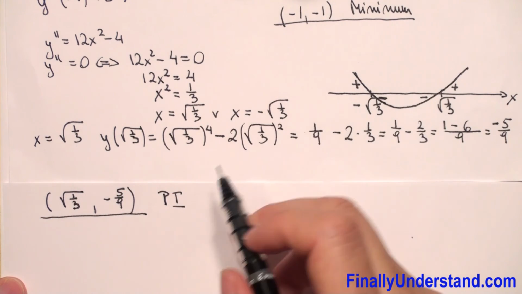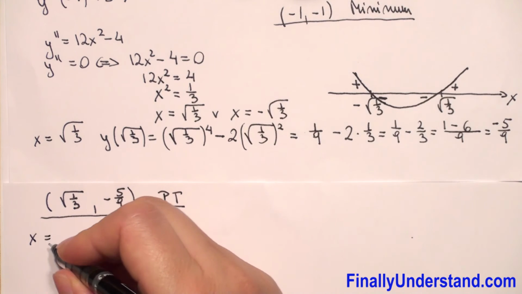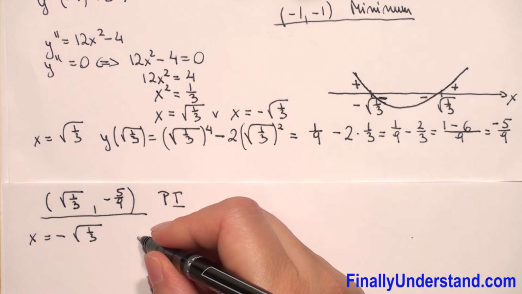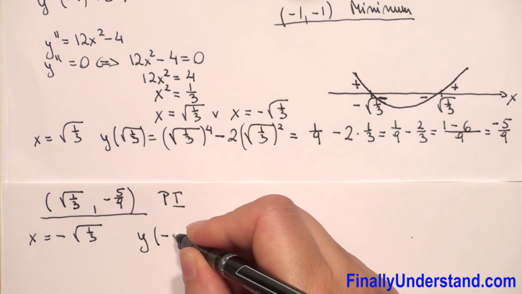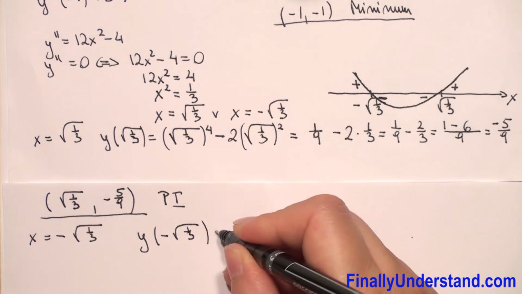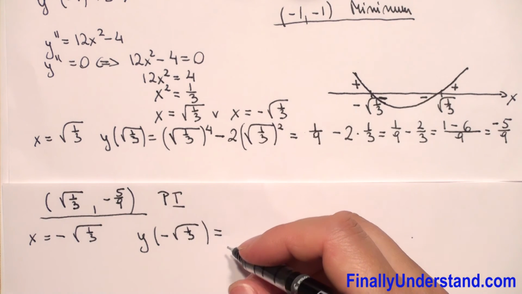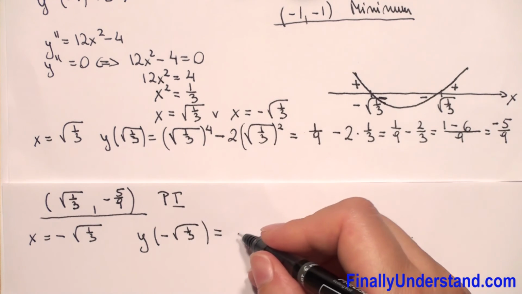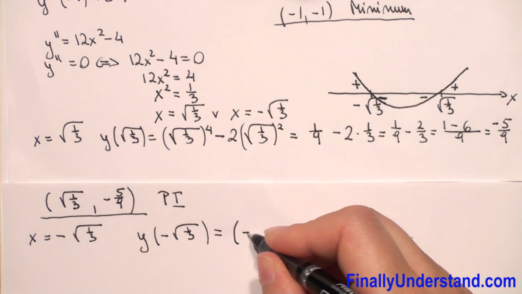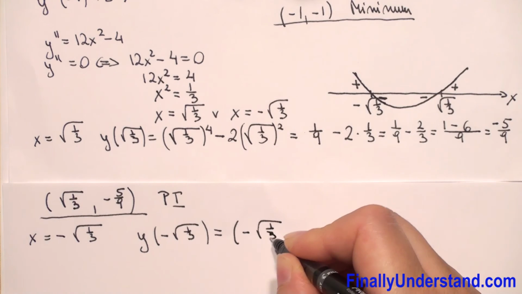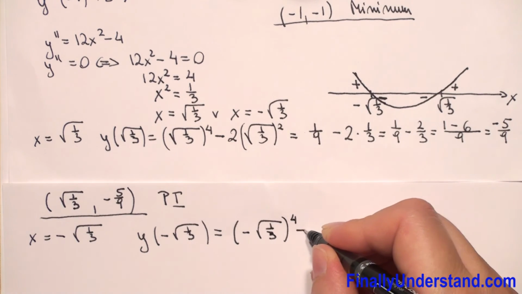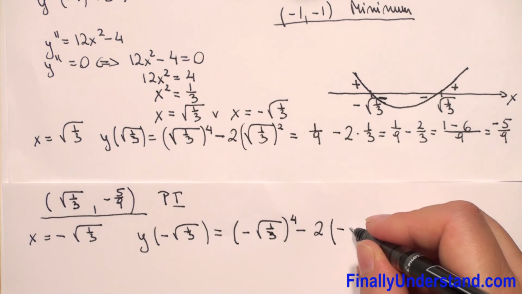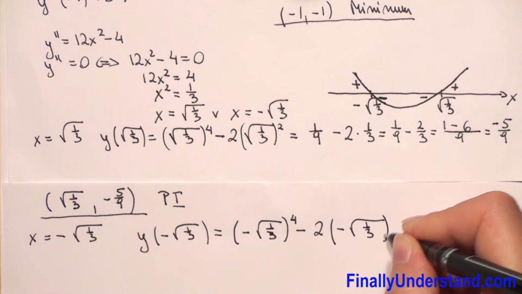Next, we will calculate the second. We have x equals negative square root of 1/3. So y of negative square root of 1/3 will be, we have to replace in our y function x by negative square root of 1/3. So we have negative square root of 1/3 to the 4th power minus 2 times, and in parentheses we have negative square root of 1/3 to the 2nd power.